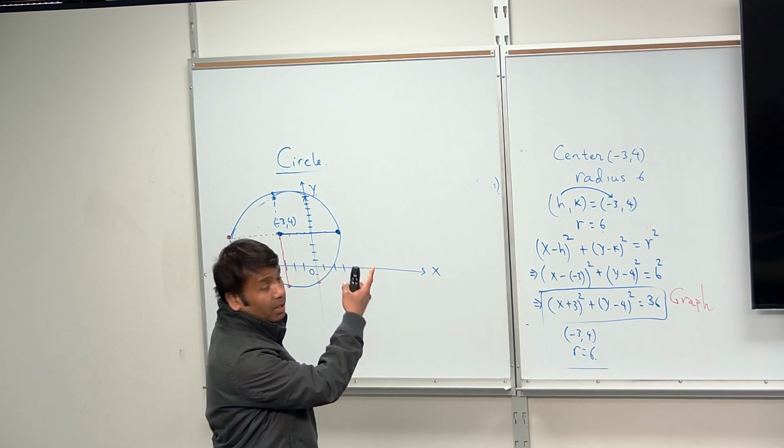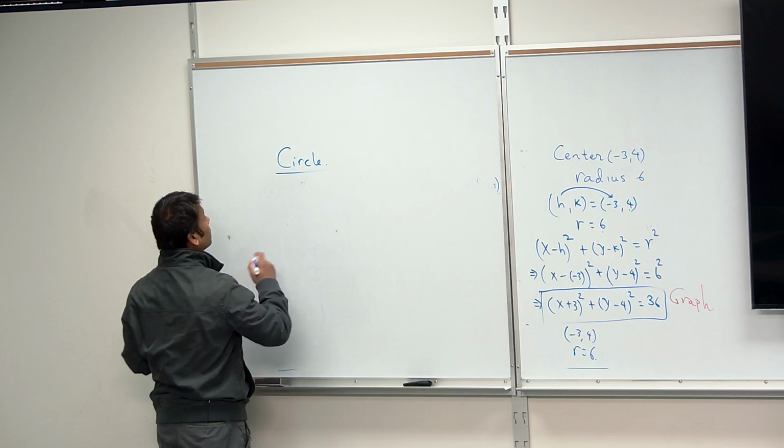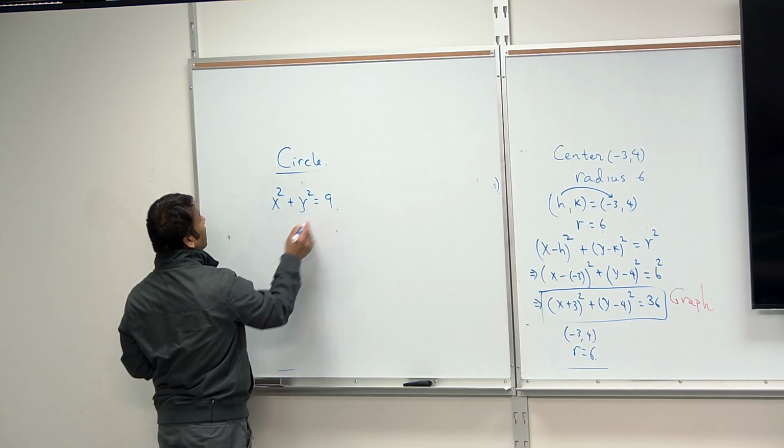And you can graph this, it is so simple. You see, x square plus y square equal to 9. So what is the center? 0, 0, the origin, right? What is the radius? 3.